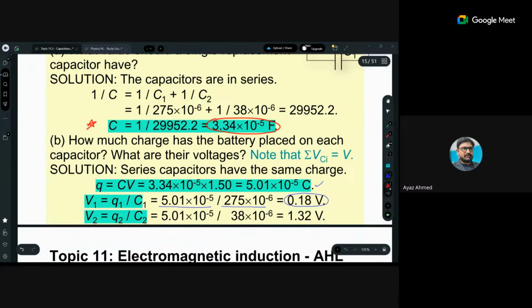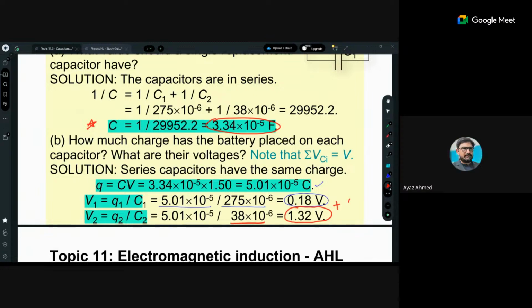And for the second one, whose capacitance is 38 microfarad, you got 1.32 volts. So simply speaking, if you add them both, what voltage should you get? 1.53.